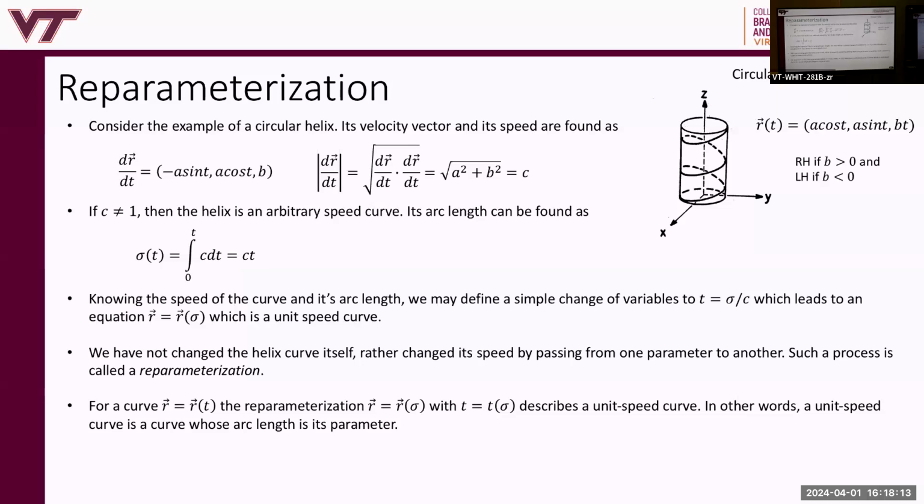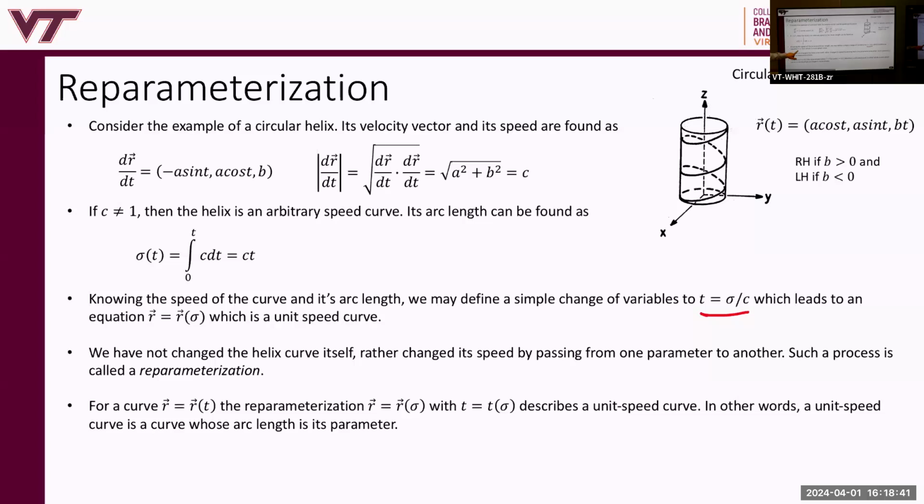Knowing the speed of the curve and its arc length, we may define a simple change of variables to t equal to sigma over c. So if we replace t everywhere in this equation by sigma divided by c, which is the arc length divided by the speed, then the displacement with respect to time is always normalized to 1 because we're dividing out the speed, right?